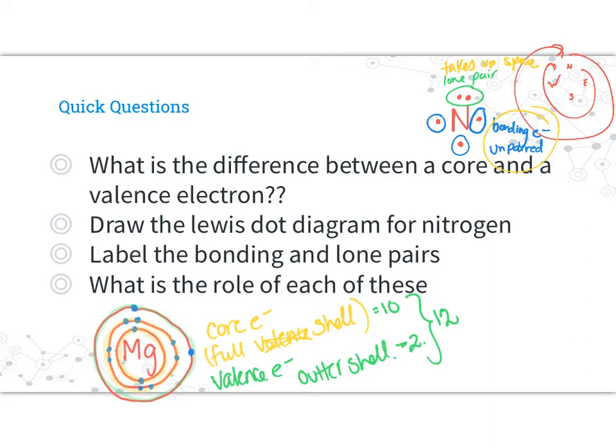Because nitrogen has 3 bonding electrons, nitrogen typically wants to make 3 bonds. So if we were to look at something like oxygen, for instance, oxygen's Lewis dot diagram looks something like this. It has 2 lone pairs and it has 2 bonding electrons, meaning oxygen would like to make 2 bonds if possible.